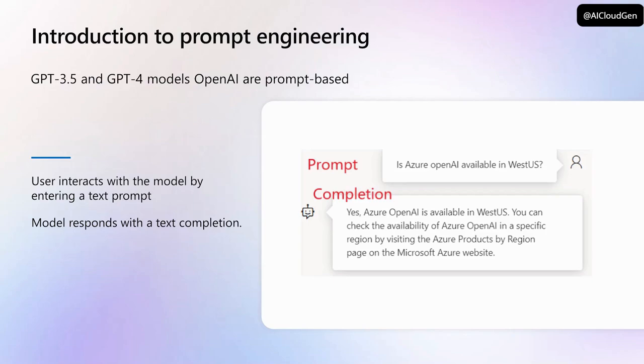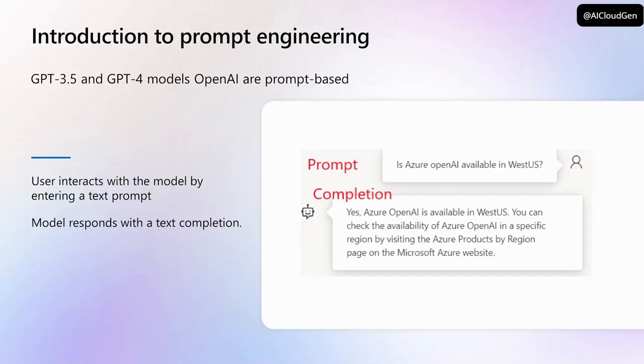Okay, so with that note, let us get started with what is prompt engineering. When we looked at the Azure OpenAI service, there is a variety of models that we saw there. And as I said, the model availability will vary based on different regions. So if we talk about the different aspects in here, the GPT 3.5 and GPT 4 models are prompt based. So you ask a question and you get the responses.